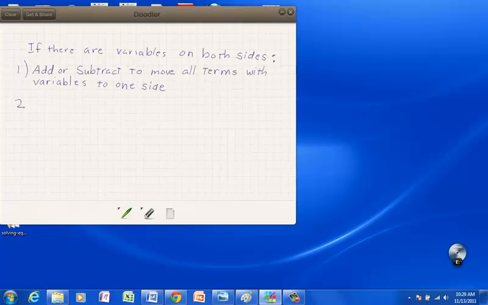The second step we did was to move that extra term, that plus 1, to the other side. So again, you'll be adding or subtracting. I'm going to use that idea of isolate. So isolate the term with the variable. Basically get rid of that other constant term.